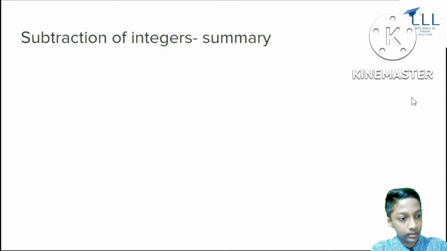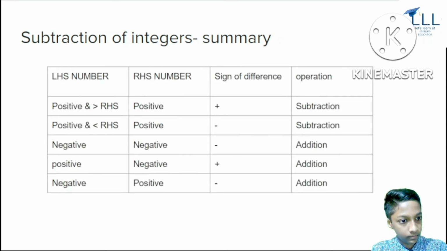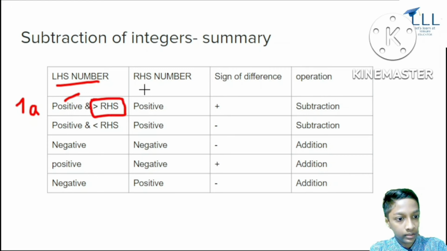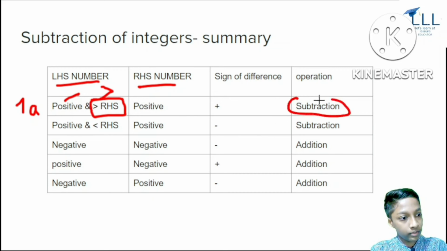Now let's see the summary. In case 1a, LHS number will be positive and will be greater than RHS number. In case 1, when we get an LHS number which is greater than the RHS number and are set to subtract them, then we have to subtract and put a positive sign.